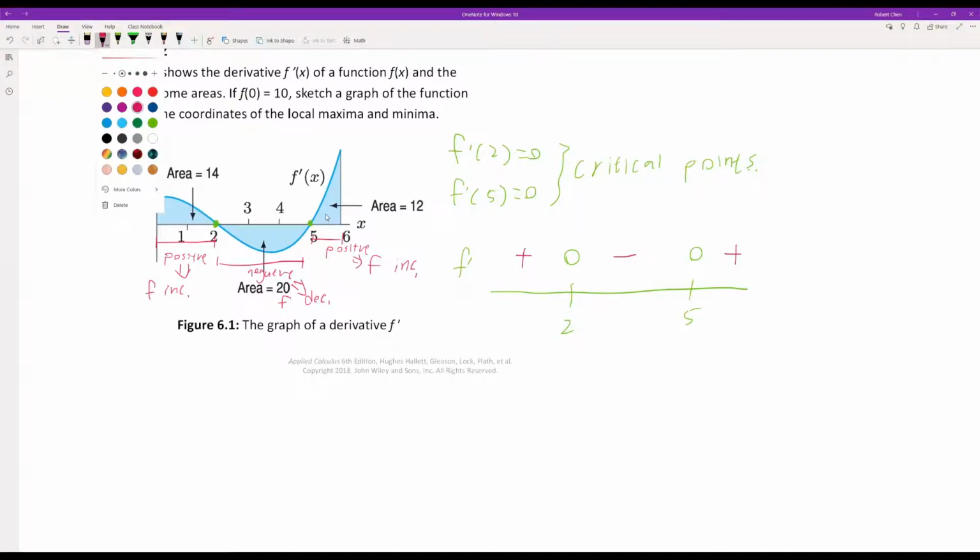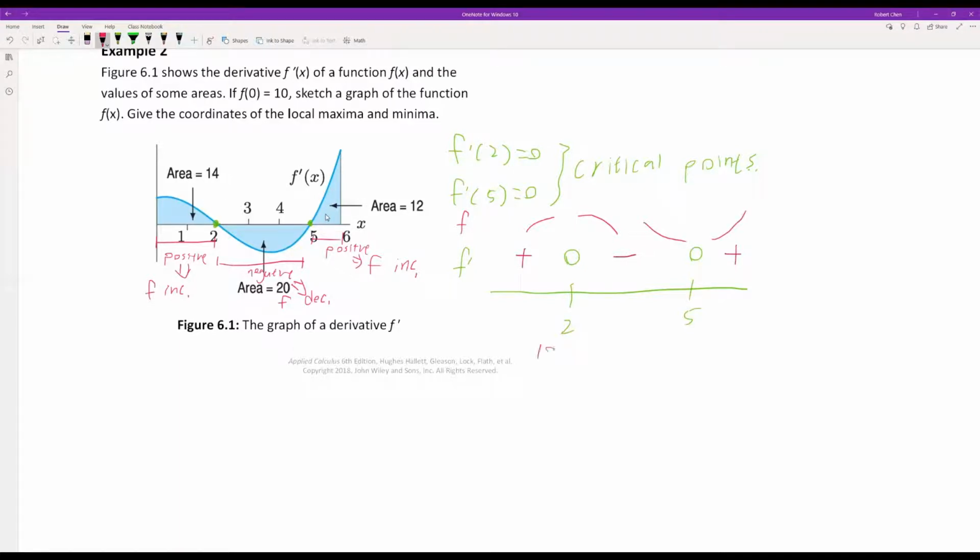We can use that to check whether we have a local max or local min, right? So if we think about the graph of f, it's increasing and then decreasing after 2, right? So here we have a local maximum, and then for 5, to the left of 5 is decreasing, and then after 5 it's going to increase again, right?